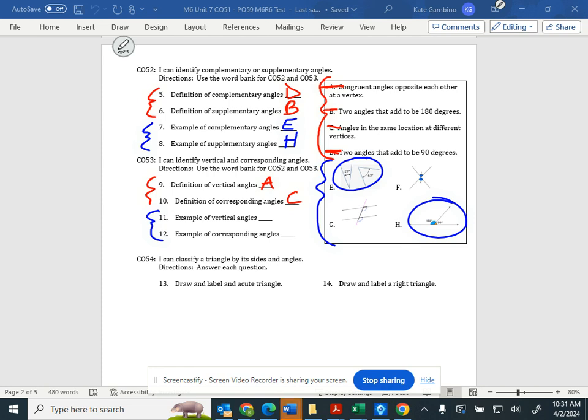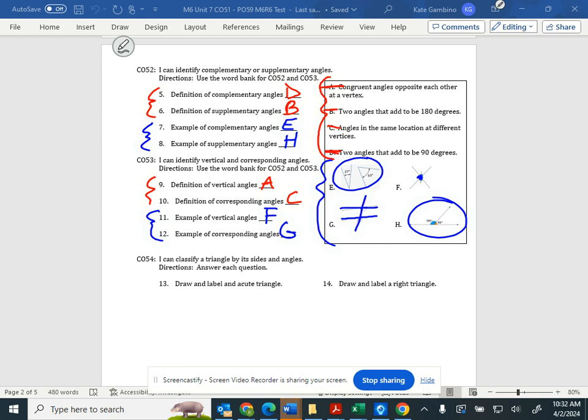Vertical angles, they have to be opposite at the same vertex. Vertex is where those angles meet. So that is our example where the two angles meet. And corresponding angles, we've got those parallel lines with the line going through. So those are our corresponding angles.